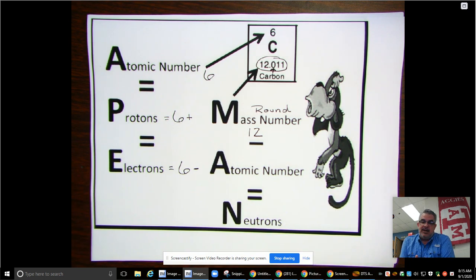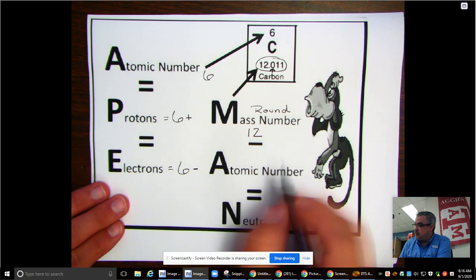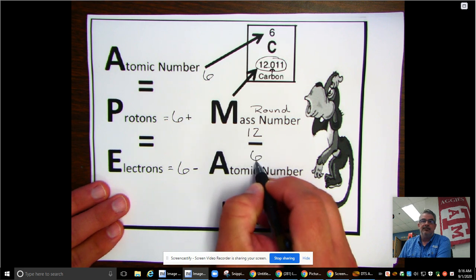So we learned yesterday that protons and neutrons both have a mass of 1. Okay, so if there are 6 protons and the mass of the atom is 12, then 12 minus 6 tells us how many neutrons there are. So the atomic number is 6, right?